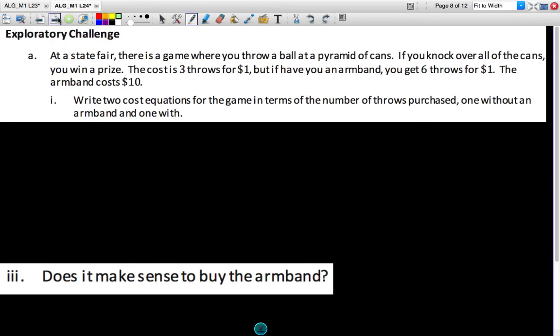So let's let x equal the number of throws here. So x is going to represent the number of throws. And let's let c equal the cost.